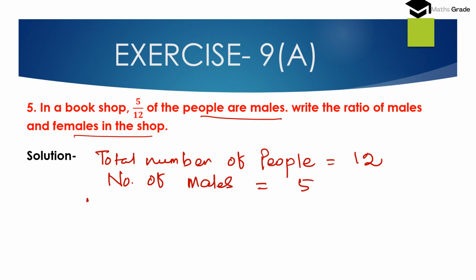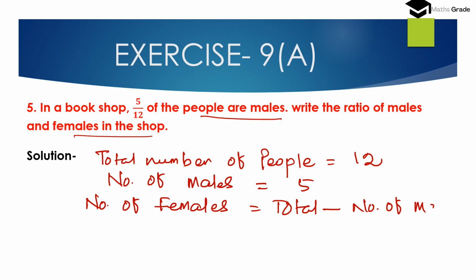So number of females will be total number of people minus number of males. Total people is 12 and number of males is 5. That is 12 minus 5 is 7. Now number of females is 7.